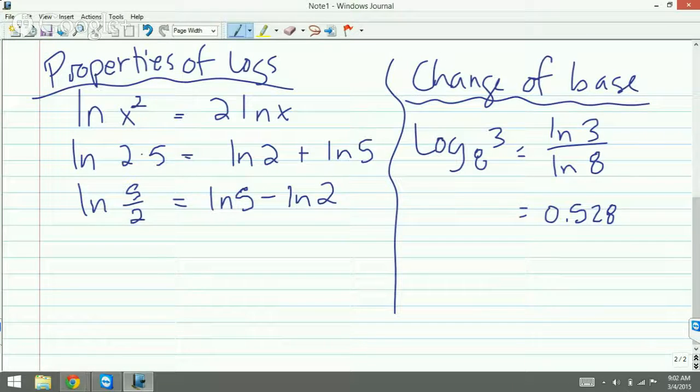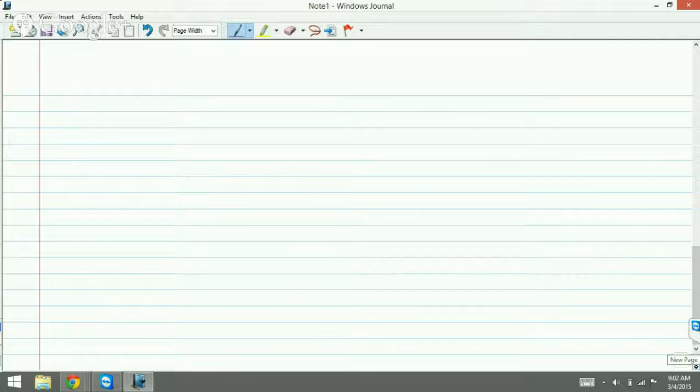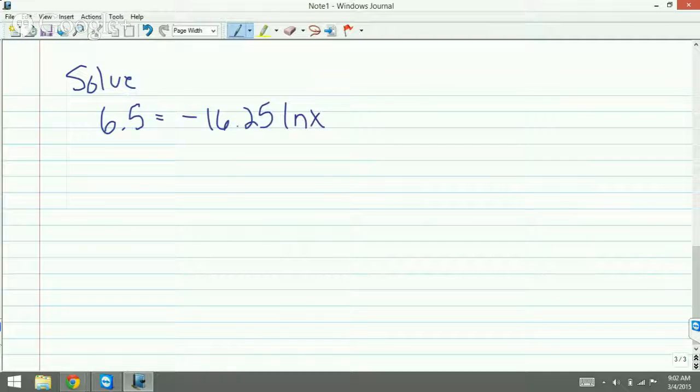All right, let's solve a couple of equations. 6.5 equals negative 16.25 log x.